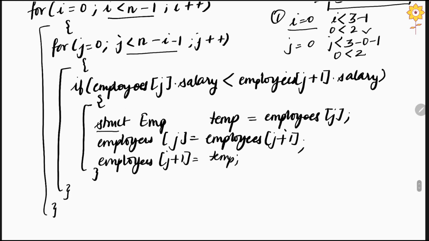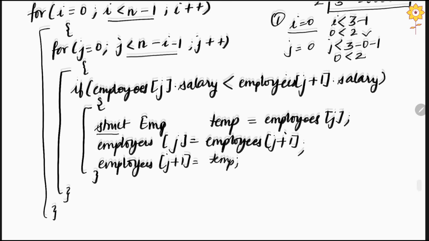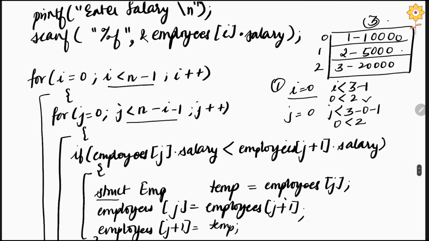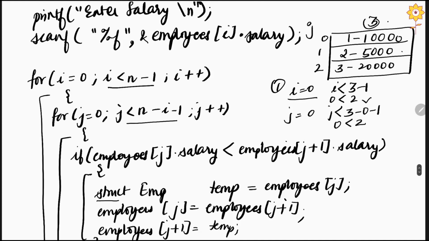So, what have we done in the if statement? If employee j's salary, j is 0, is this person's salary less than the second person's salary?